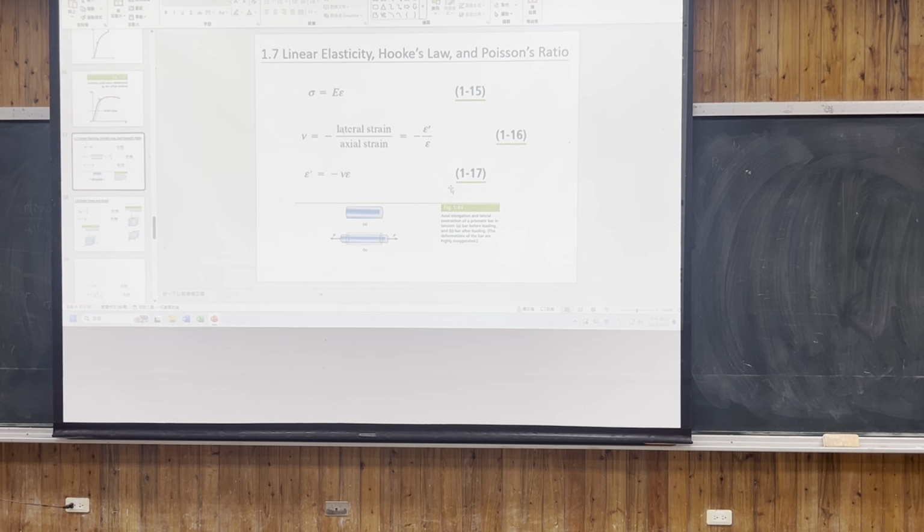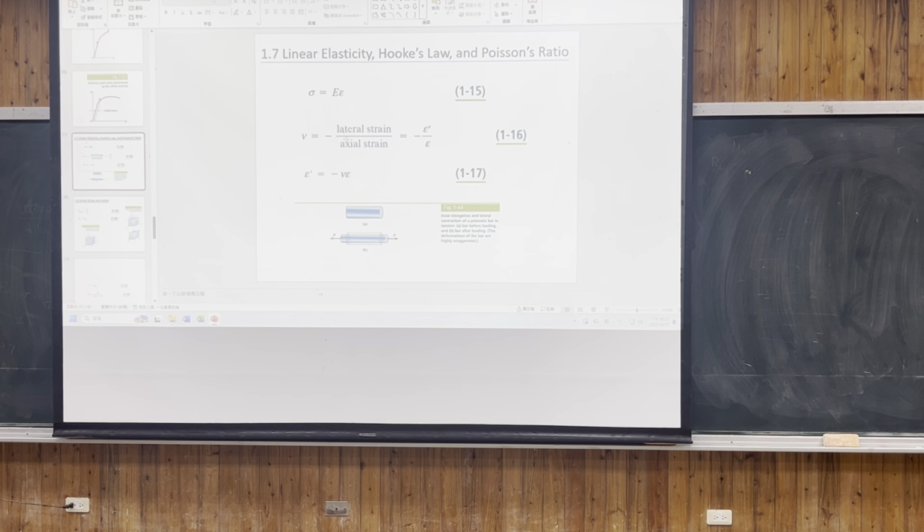And Hooke's law. This is one of the important parts in this course. The stress equals Young's modulus times the strain. This is the basic knowledge of Hooke's law. It's basically multiplying the strain by a certain constant, and you get the stress.